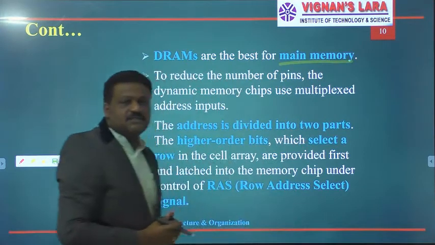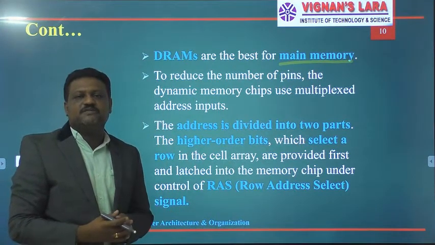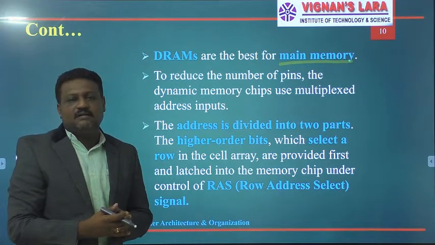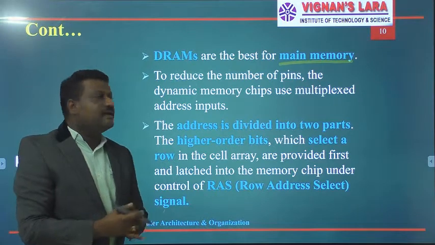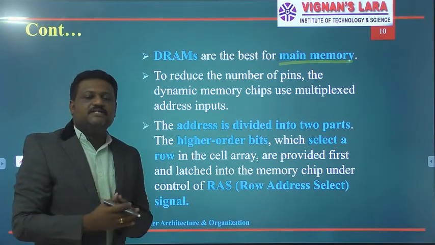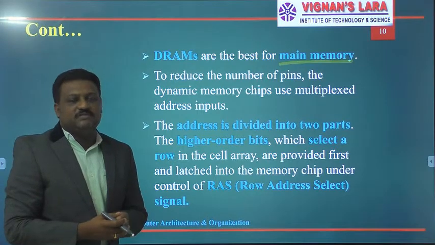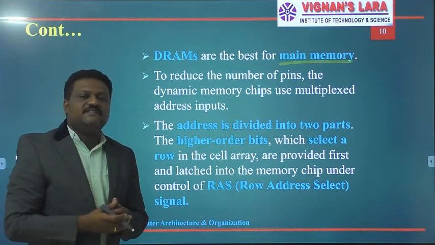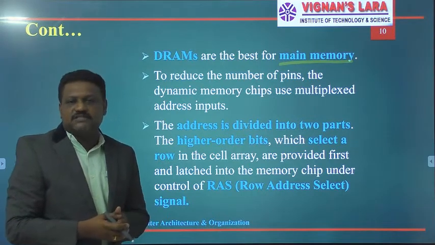The reason for this is simple. The memory cell is very simple because it consists of only a capacitor and a transistor. And the second thing is, the density of DRAM is very high, because a memory cell consists of only 2 elements. But in the case of SRAMs, the memory cell consists of either 6 transistors or 4 transistors.